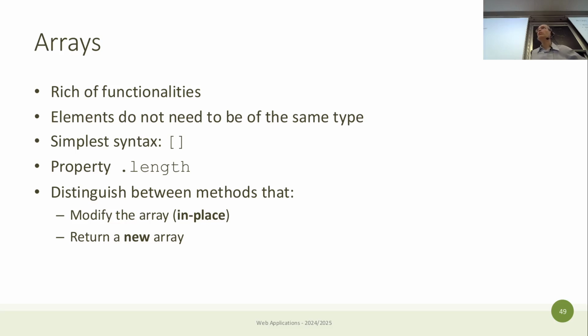The arrays can be manipulated in different ways. There are functions that manipulate the array in place, which means we change the array. And there are other functions that give you a new array. Take sort, for example. There's a sort that manipulates the array in place, so it changes the values of the various elements in the array, and there's a sort that gives you a new array.